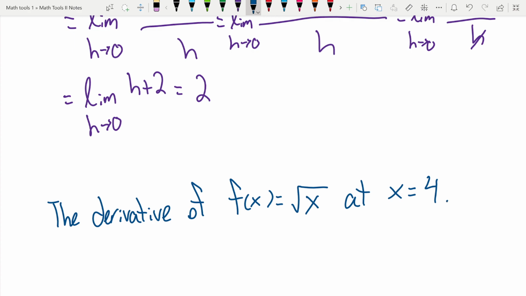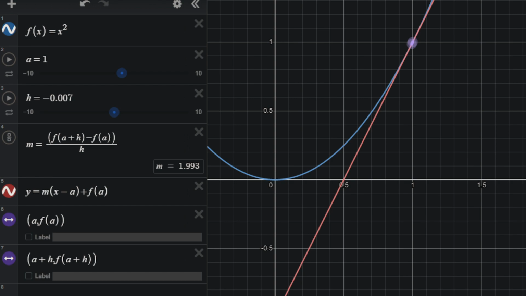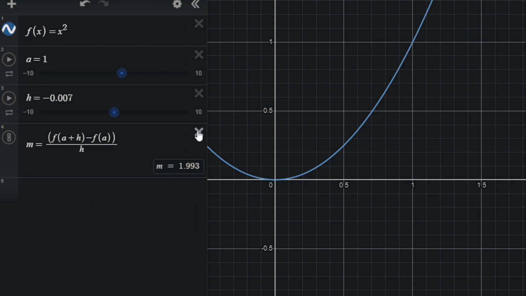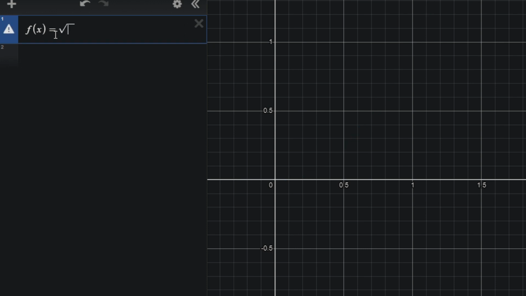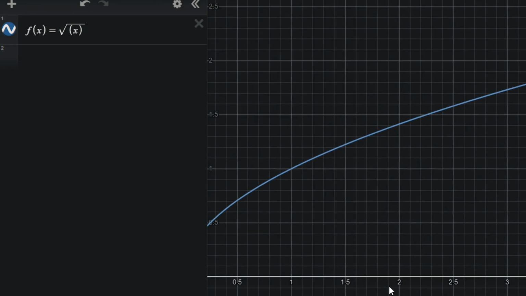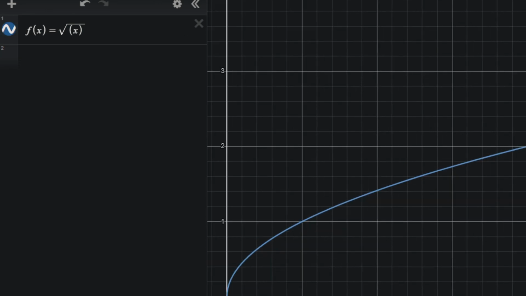Okay. And for all of these, you might benefit from just looking at the graph, and looking at what the slope of the function should be at that point, just to make sure your answer makes sense.